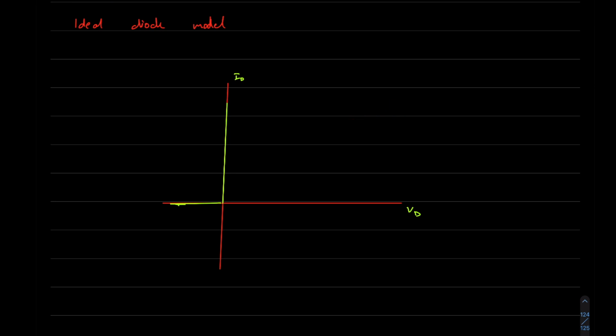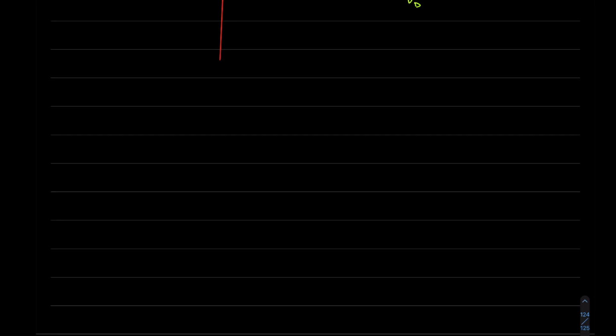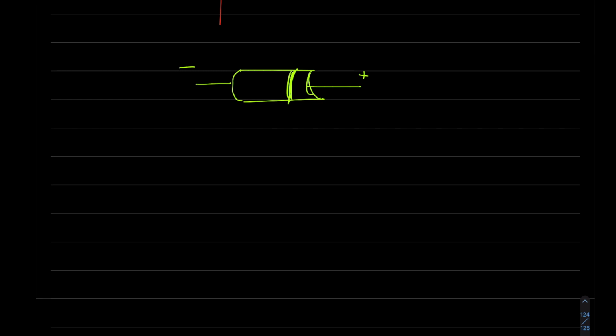So the model would be, in a circuit, you'll basically have diodes. So let's say if this is the diode, this is for reverse biased. So in reverse bias, you can remember N to plus.